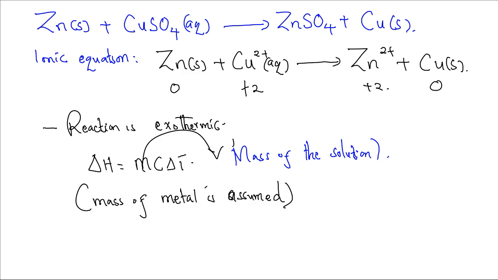Now, students, I want us to recall how we calculate the delta H. We had said earlier that delta H is simply calculated the same way we can calculate any heat change.